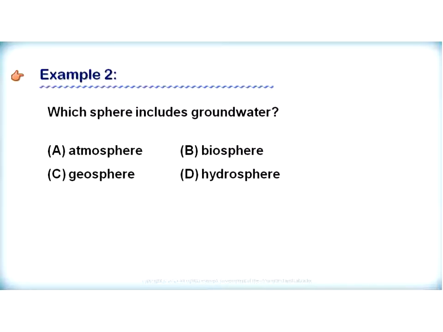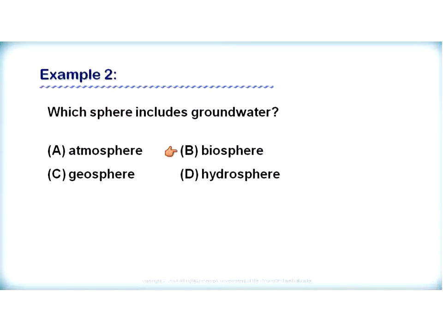Example number 2. Which sphere includes groundwater? So if we look at these 4 spheres, atmosphere, with the prefix atmo meaning gas, refers to the gaseous sphere, which is the sphere that surrounds the Earth. Geosphere, geo standing for solid Earth, would be the sphere that includes all solid rock.